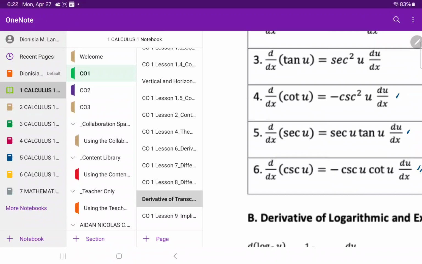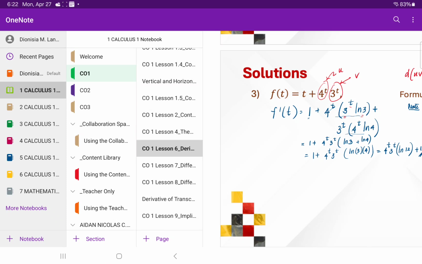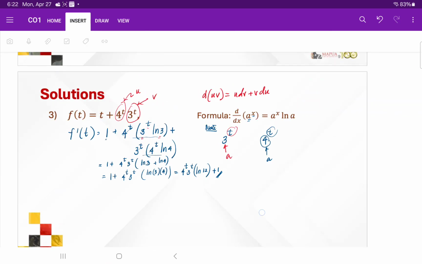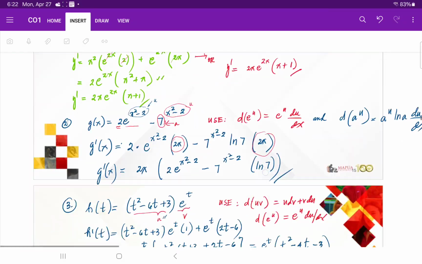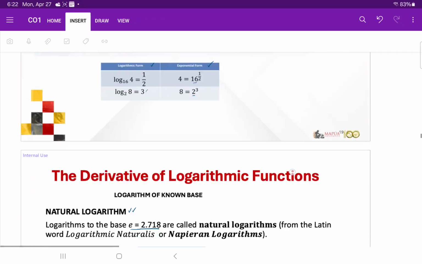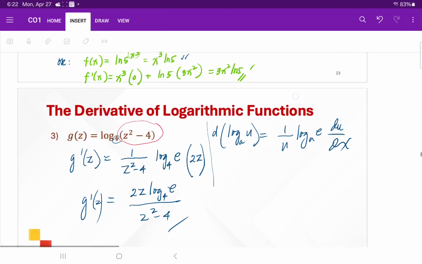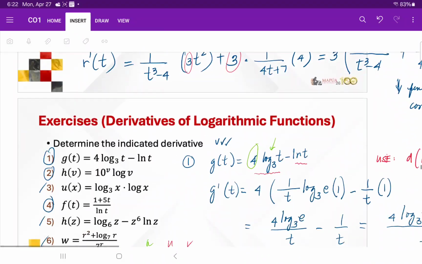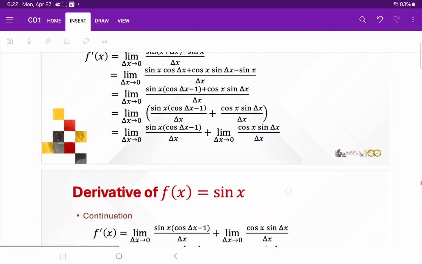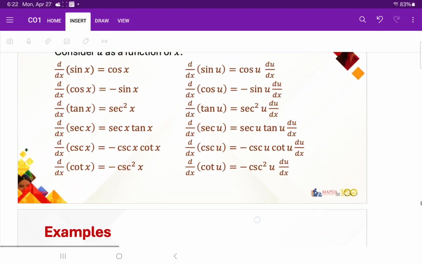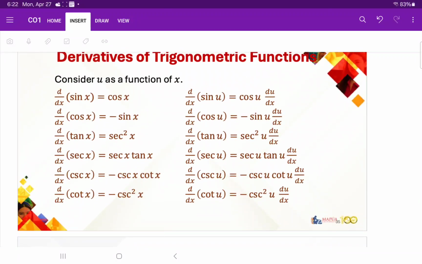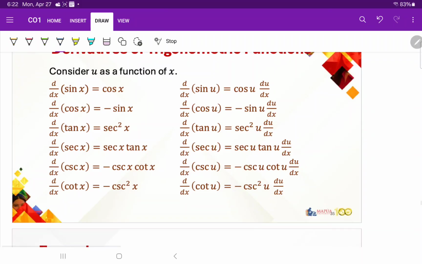Alright, so let's go back to this one. This is the derivative of sine x if you have x here, but if you have u, you follow these patterns here.